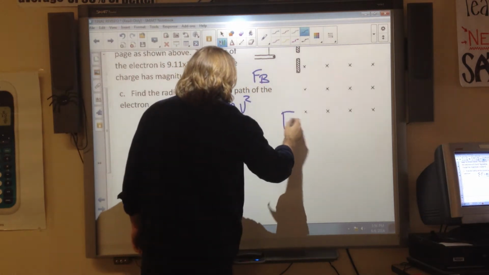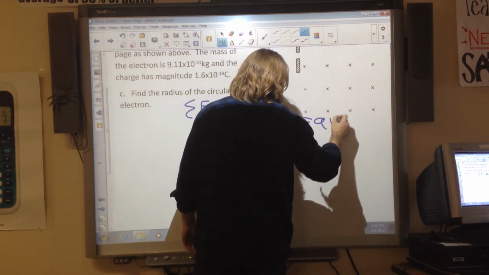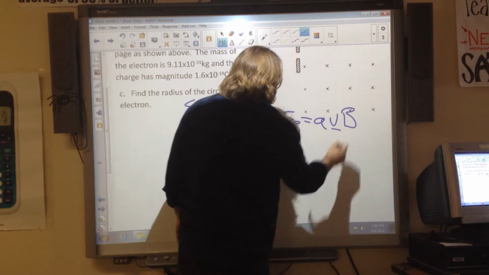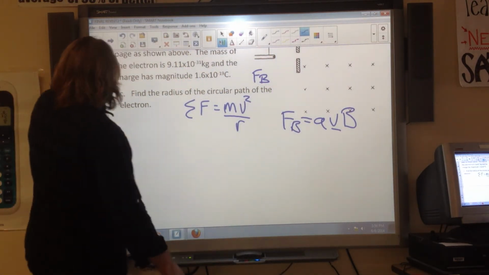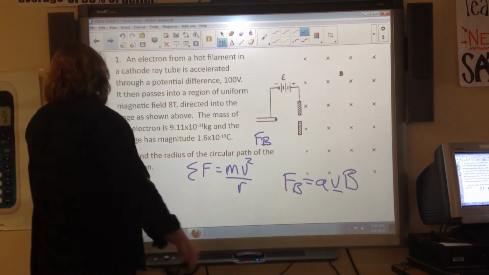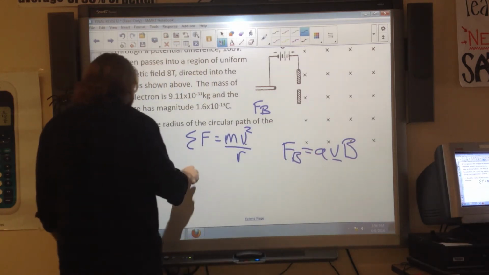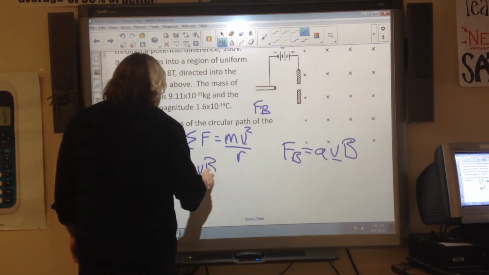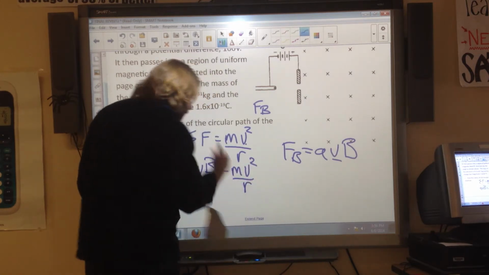And we know FB is equal to QvB. This v is velocity. It's not voltage. That will be your velocity. Whatever you find in part A will be plugged in right here in part C. So, same with this velocity. So I have QvB equals mv squared over r.